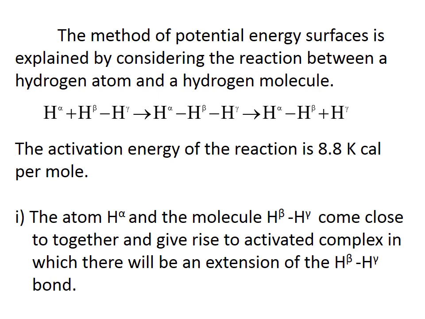The activation energy for this reaction is found to be 8.8 kilocalories per mole. The atom H alpha and the molecule H beta H gamma come closer together and give rise to the activated complex, in which there will be an extension of the bond between H beta and H gamma.